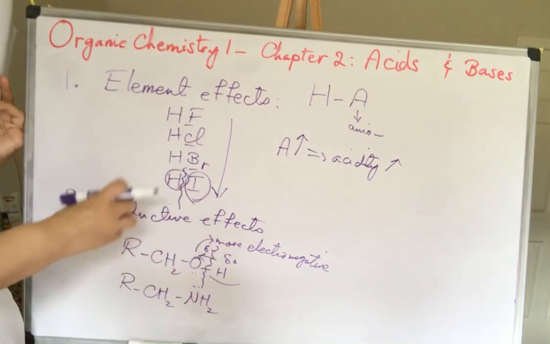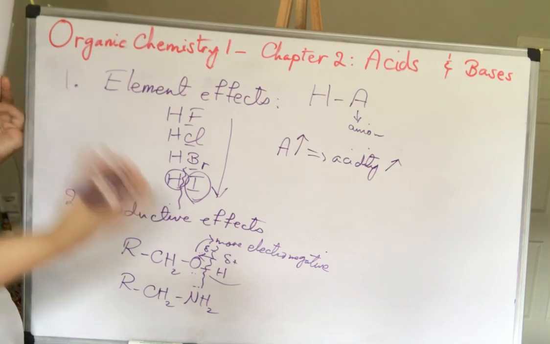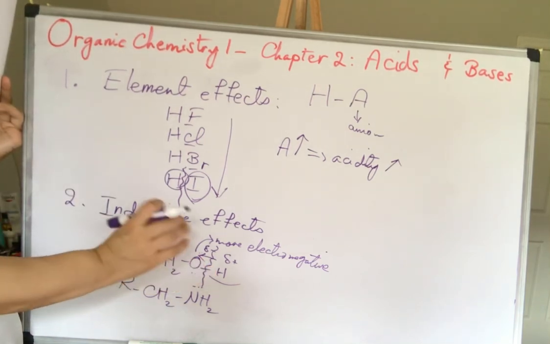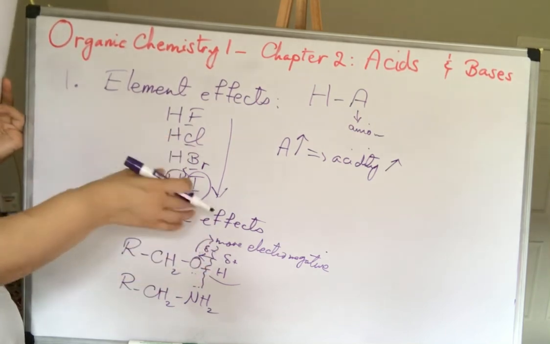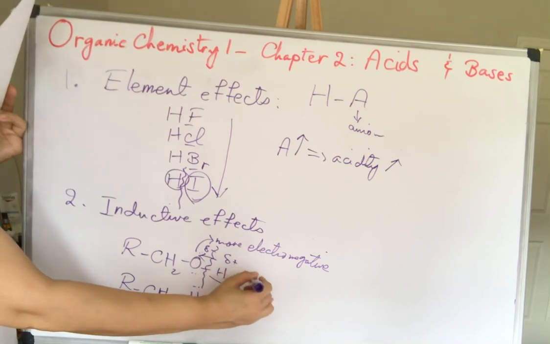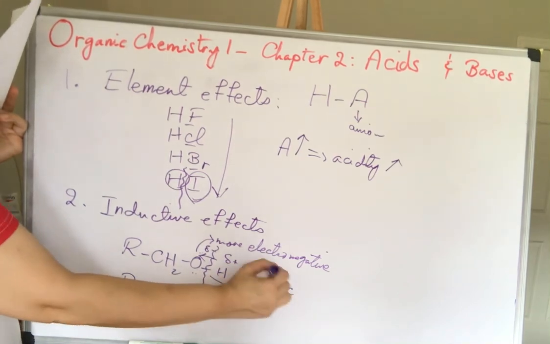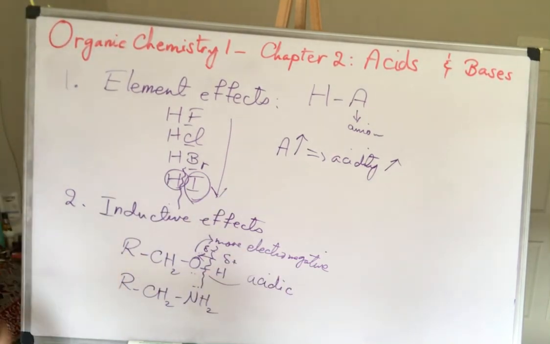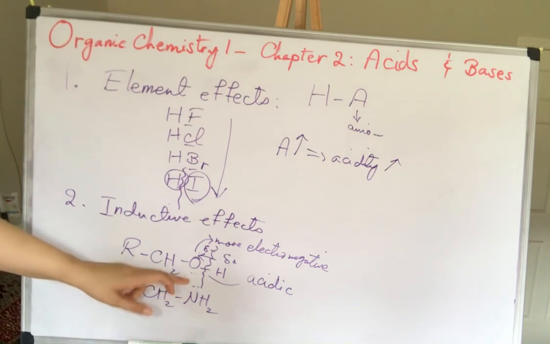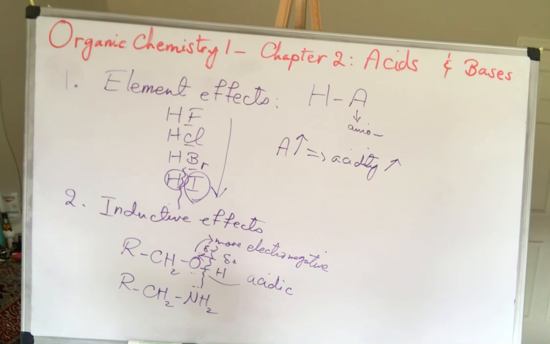So the stronger the electronegative element connected to the hydrogen, the weaker the bond is, the looser the hydrogen is, and it can be released better. So comparing the nitrogen-containing compounds with oxygen-containing compounds, the oxygen-containing compounds have more acidic properties.